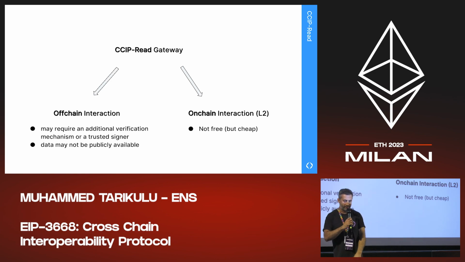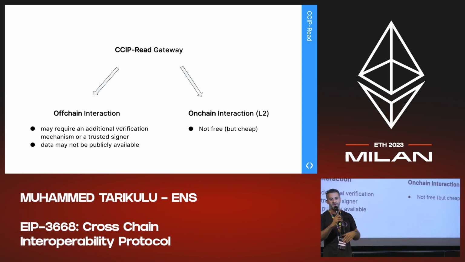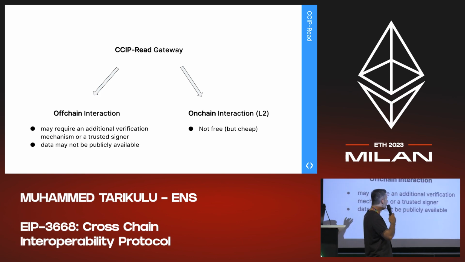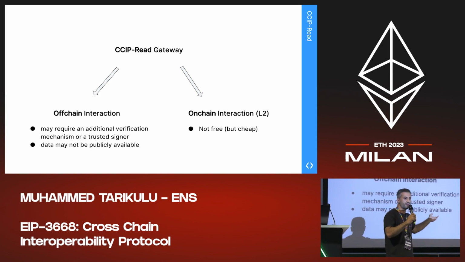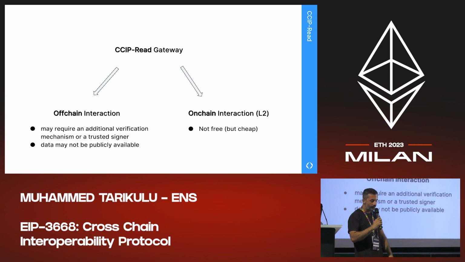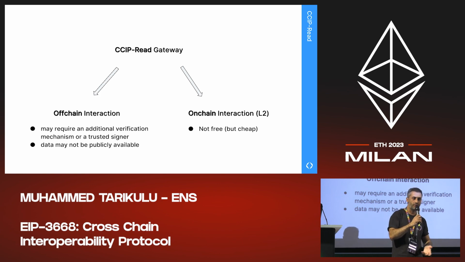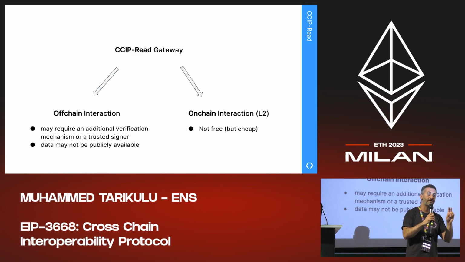There are advantages and disadvantages to it. In off-chain interaction, it may require additional verification, meaning that based on your use case, you should figure out what kind of verification you're going to do. For example, the off-chain gateway can keep a key pair, the private key of some generated trusted address.